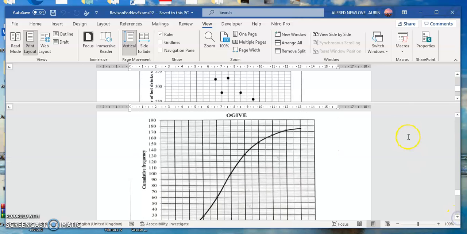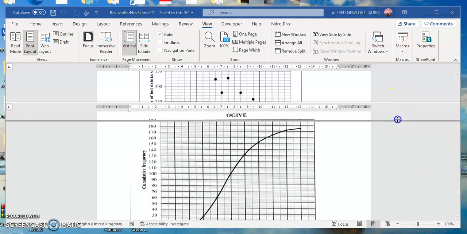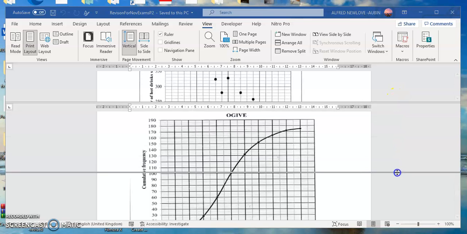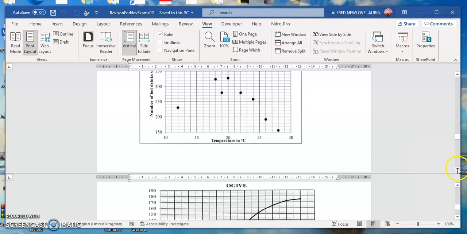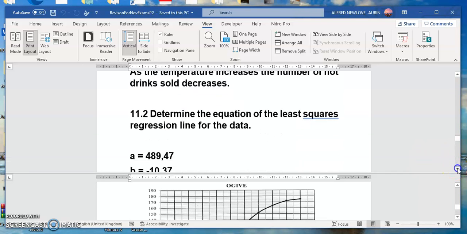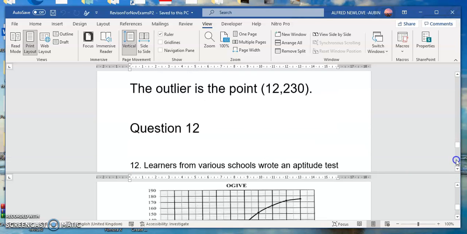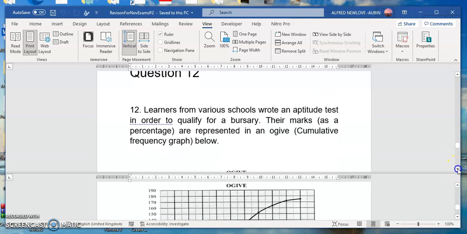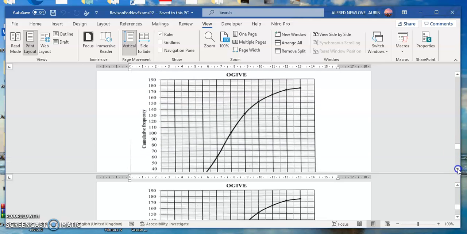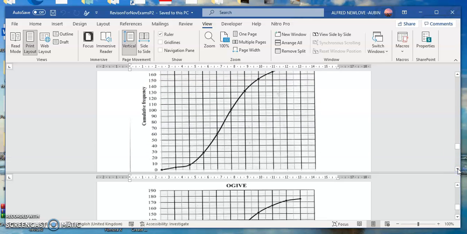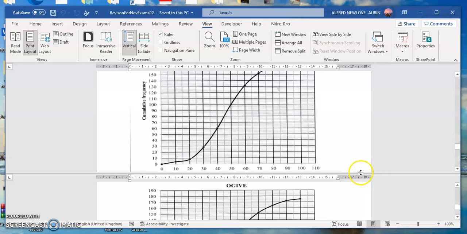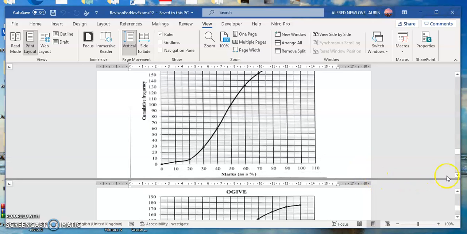So this is the Ogive. Let me bring it up. So our Ogive is here. That's our nice Ogive.